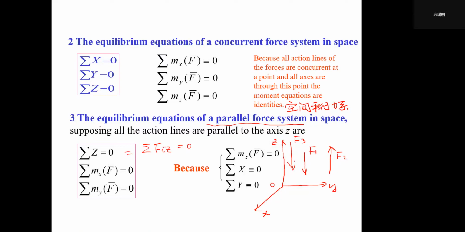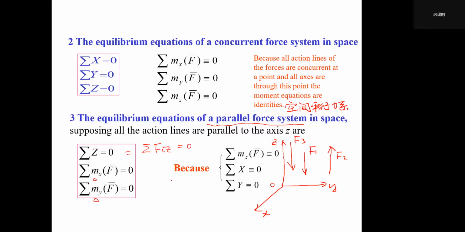So their sum should be equal to 0 in the condition of equilibrium. So this one is the equation. The others are that the moments of all these forces to the x-axis and the y-axis should be 0. So all these 3 will be its equilibrium equations.